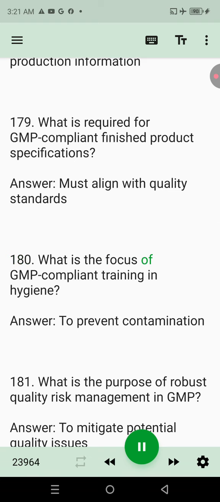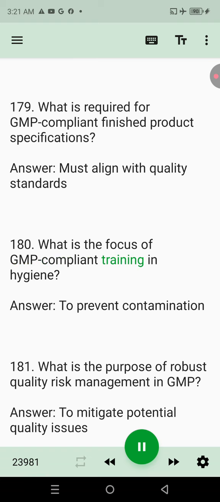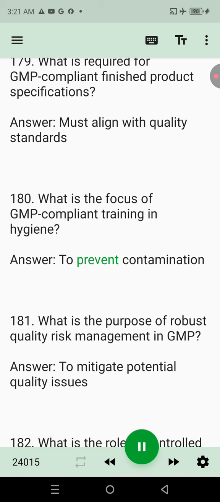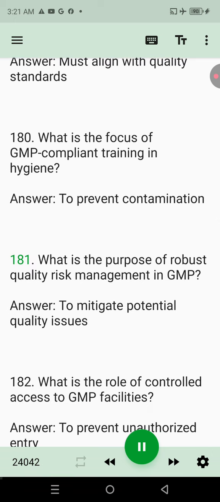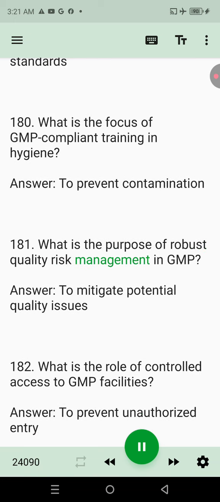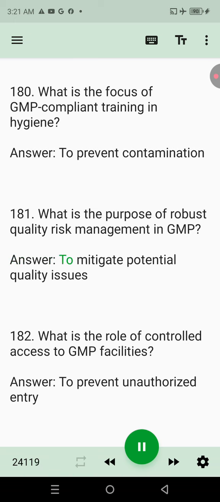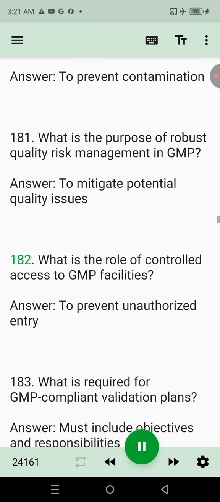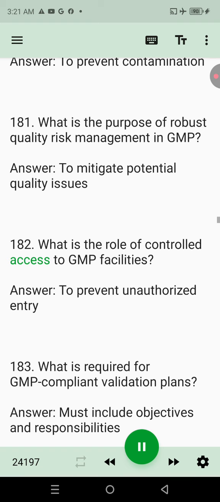What is the focus of GMP compliant training in hygiene? Answer: to prevent contamination. 181. What is the purpose of robust quality risk management in GMP? Answer: to mitigate potential quality issues. 182. What is the role of controlled access to GMP facilities?